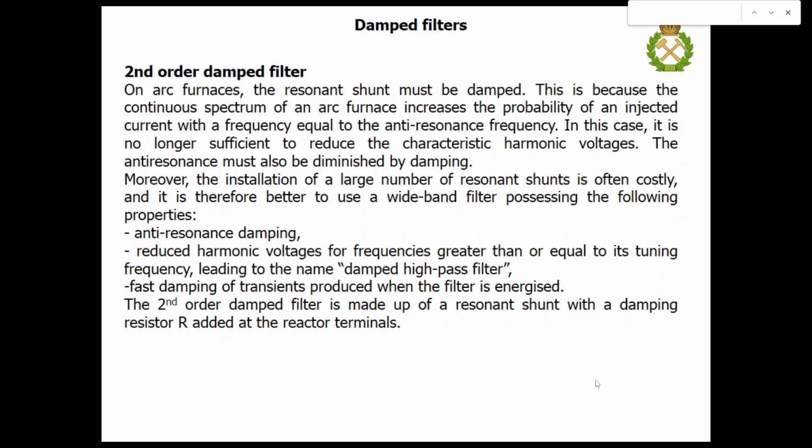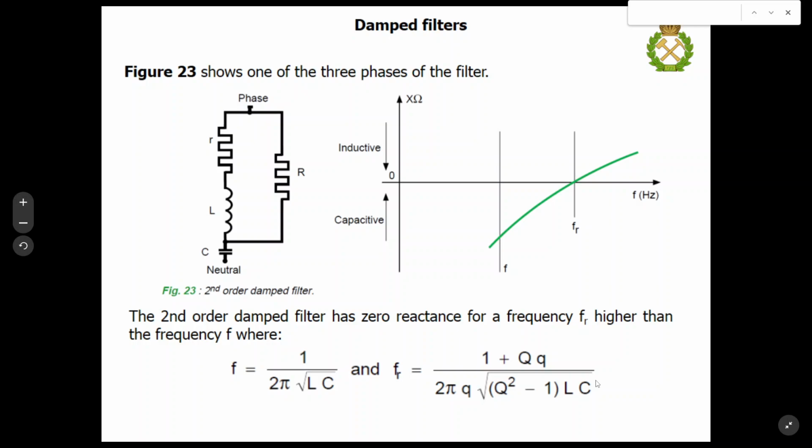And here you may see such a topology, which includes an additional resistor connected in parallel with the main filter. Such a solution allows us to damp some anti-resonance conditions.